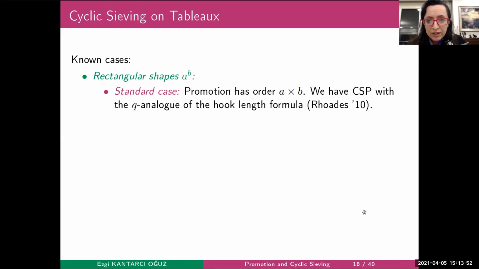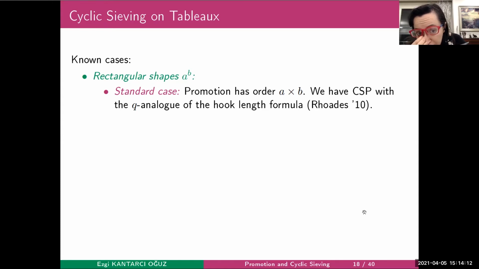There he shows that if we are looking at standard filling, then promotion has order A times B, and we get a cyclic sieving property, and our function is going to be the Q analog of the counting function, which is the hook length formula.